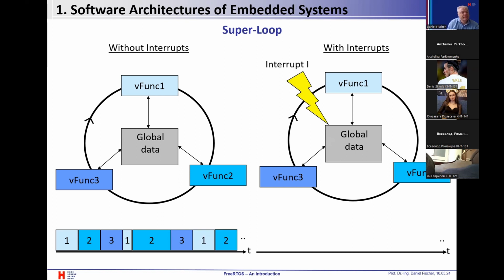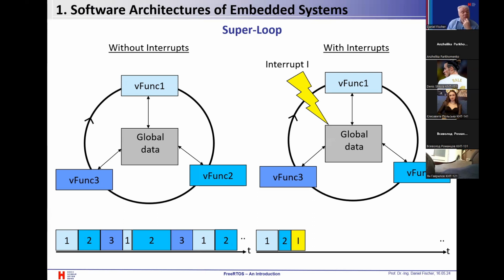Okay, the super loop with interrupts, very easy at the beginning. You have nearly the same structure as on the left-hand side, but now we are allowing interrupts. That means somewhere inside the code, an interrupt can happen and stops the running function 2.